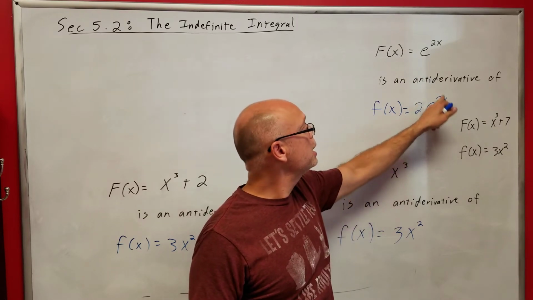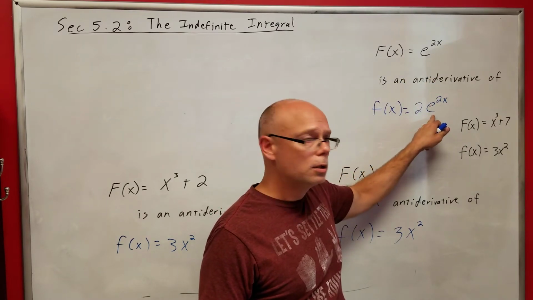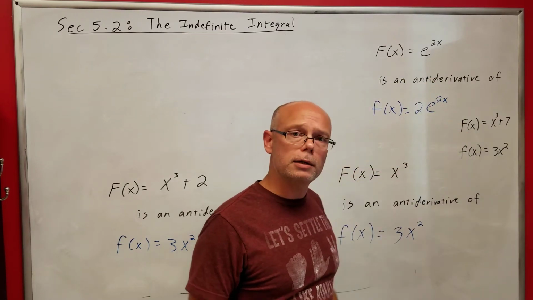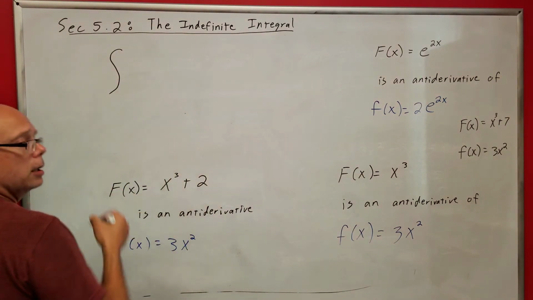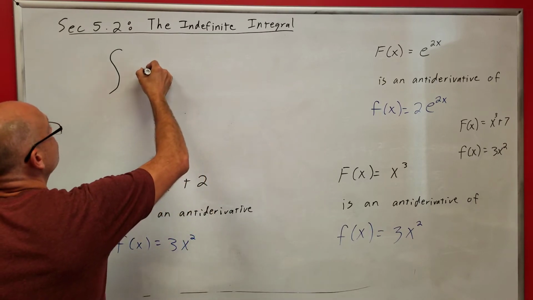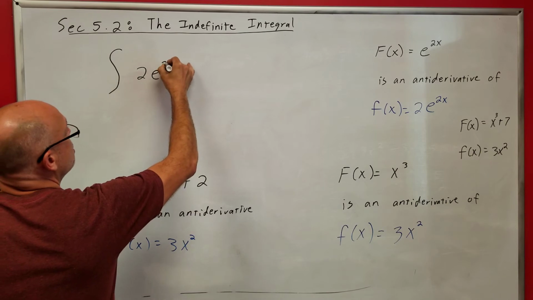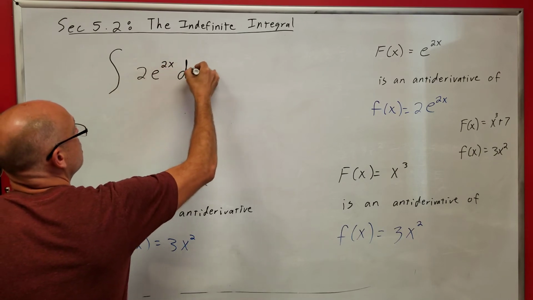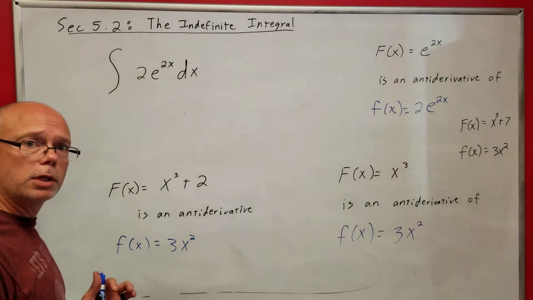And we said that capital F of x is an antiderivative of 2e to the 2x. So the way I write this is like this: I draw an elongated S, then 2e to the 2x, and I put a dx there because that tells me what variable I'm integrating with respect to.